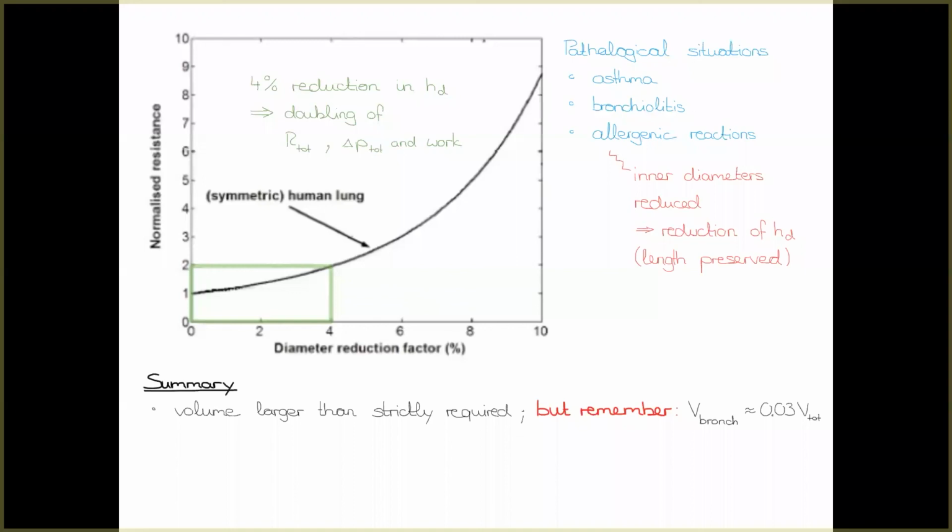We're just talking about generation 6 to 16. This is about 3%. If we are on the safe side, then we may use 5% instead of 3%. So it makes a little difference overall. And therefore, it is absolutely a good choice to be a little bit on the larger volume side than necessary.